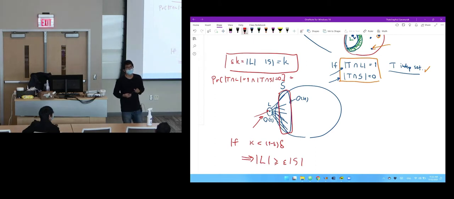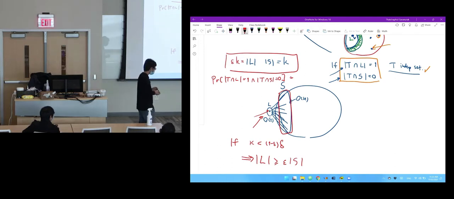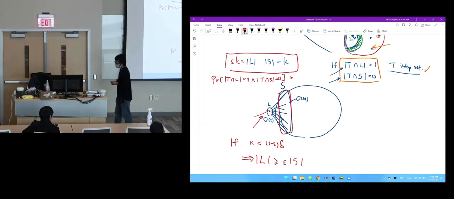Yeah, but the problem is how do you guarantee that there is at least a vertex in R, in the part outside L plus S?